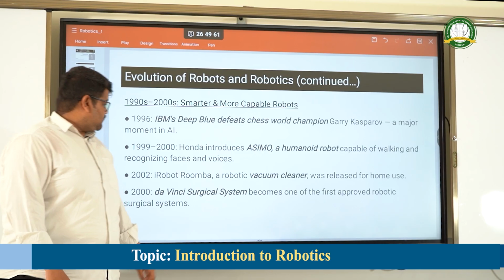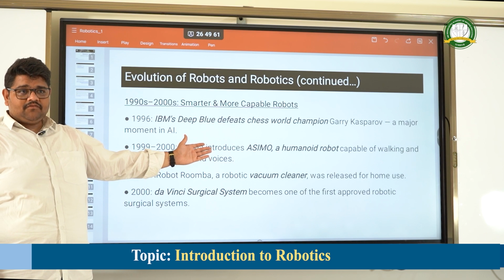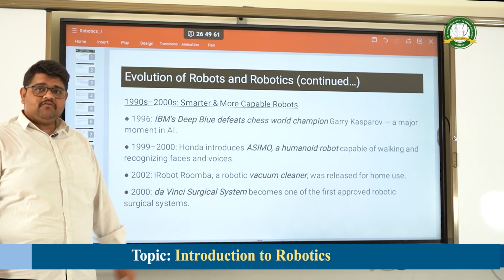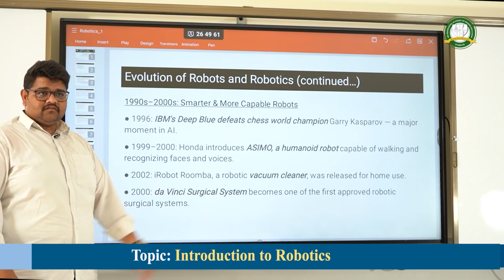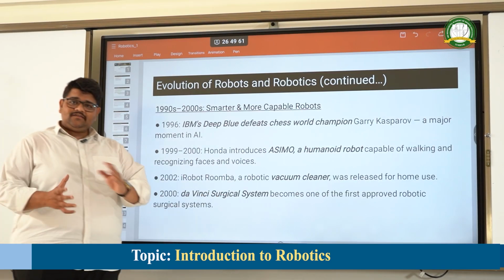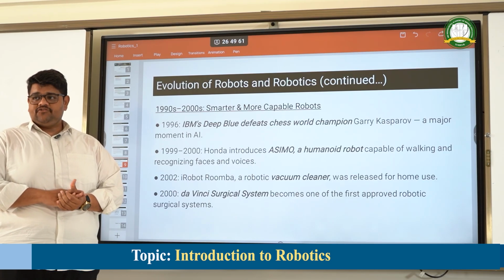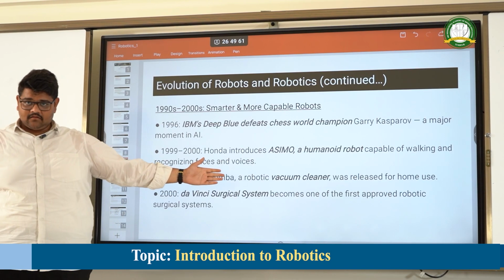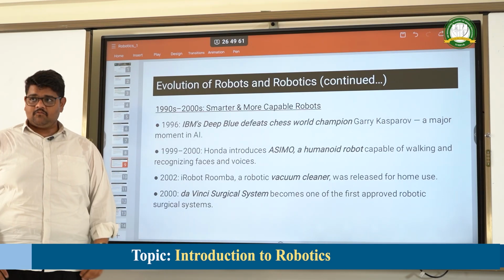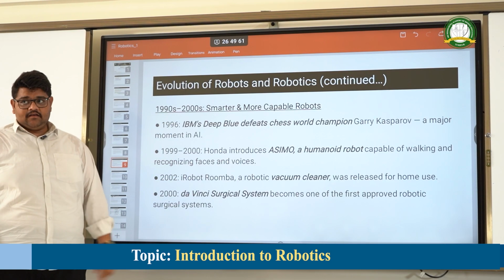After that, Honda developed Asimo, the very first humanoid robot which could interact with humans. The Da Vinci surgical system assists doctors with surgeries in the medical industry, and the vacuum cleaner, which is widely used nowadays, was introduced back in these days, 1990s to 2000.